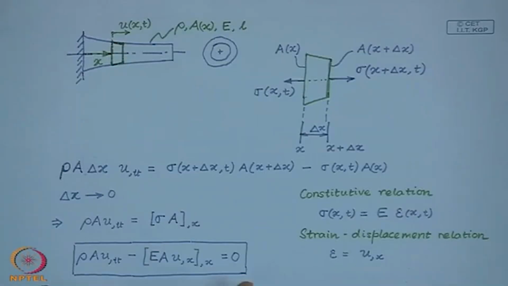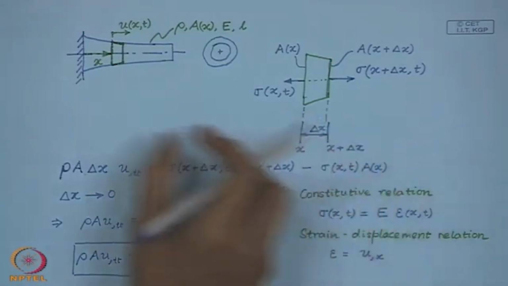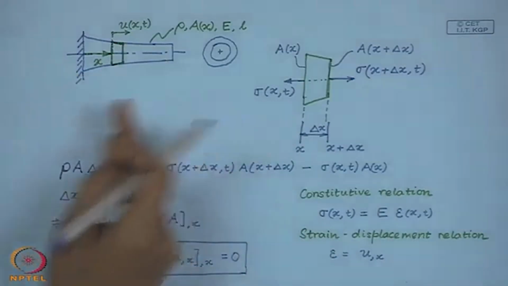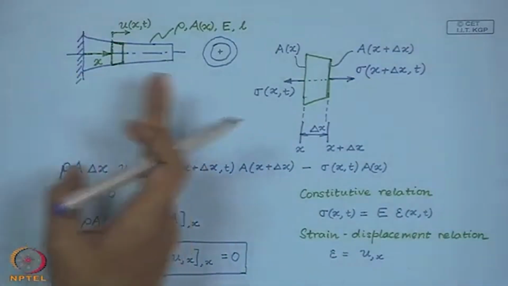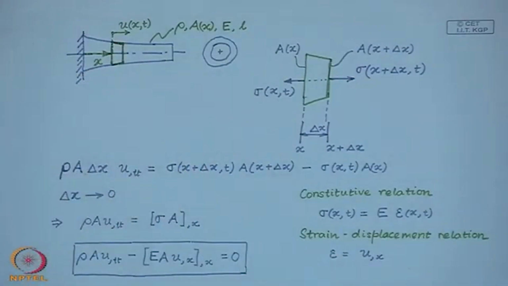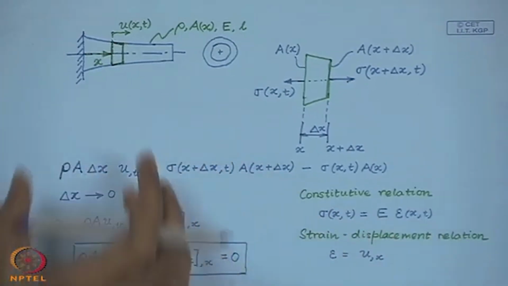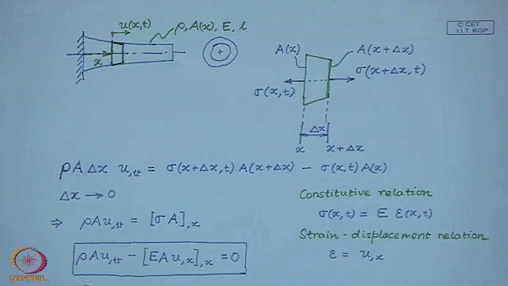Now, remember that this equation has been derived by considering a small element of the bar that in no way describes to us the full physical picture of the bar. So, what I am trying to get at is we need to complete this description of this bar in axial vibrations, we need the boundary conditions.